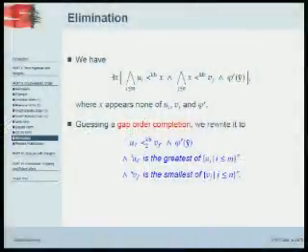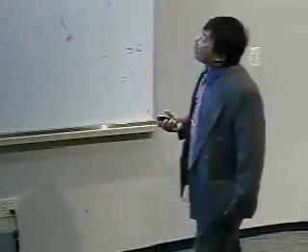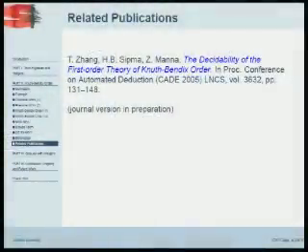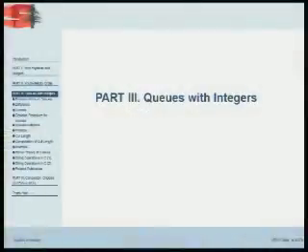So this is kind of a greedy algorithm. We try to do elimination as soon as possible. This work was published in last year's CADE, and a journal version is also in preparation. So that's the end of part 2.